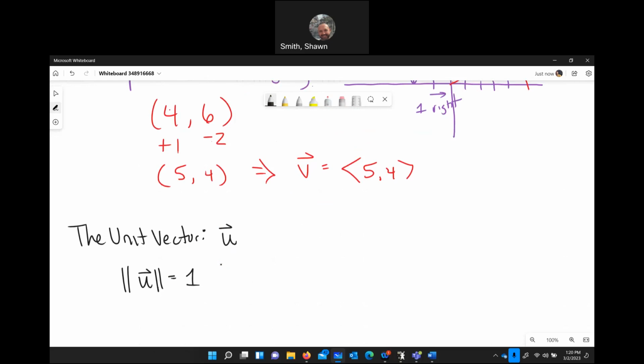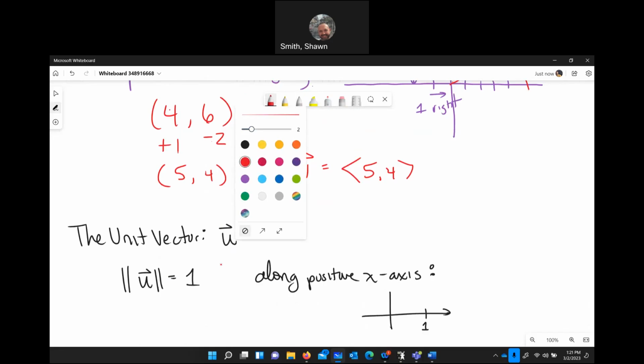So if I have, along the positive x-axis, one unit out is this. You can call this vector i.